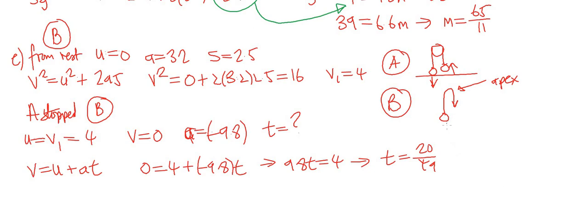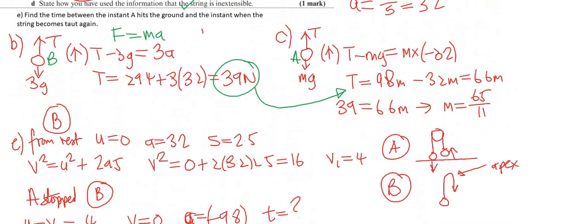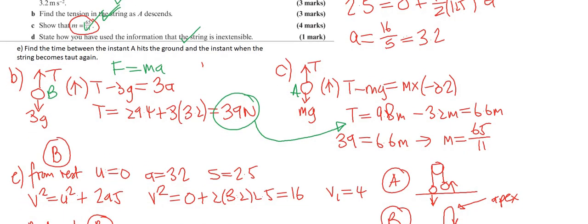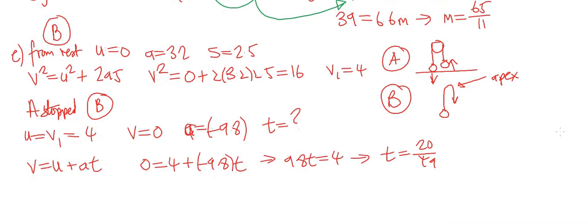Okay, so remember the question was, find the time between the instant A hits the ground and when the string becomes taut again. So we've worked out the time from when A stops until the apex. So what happens? It goes up, and as Mr. Newton said, all things that go up must come down.